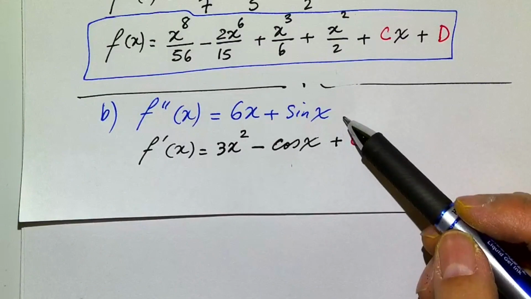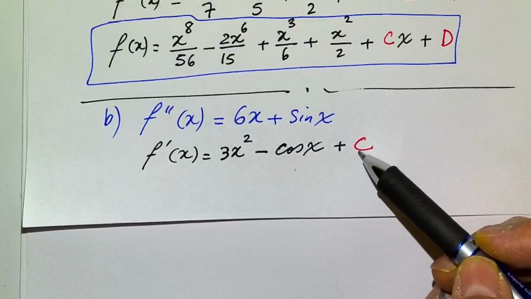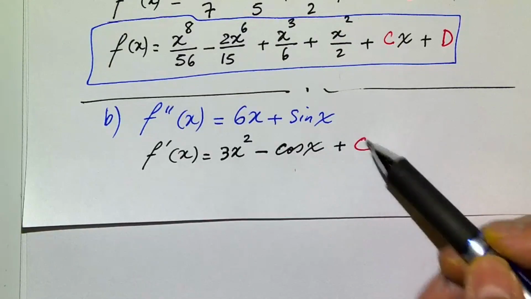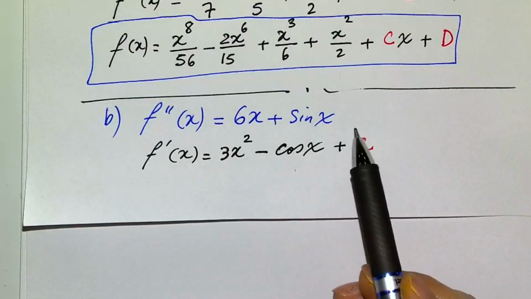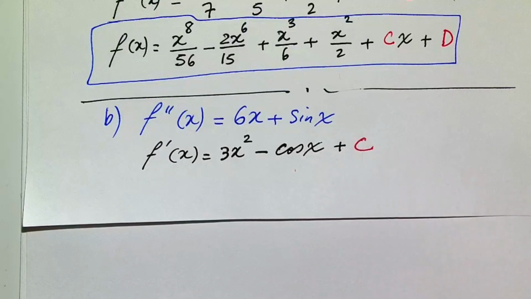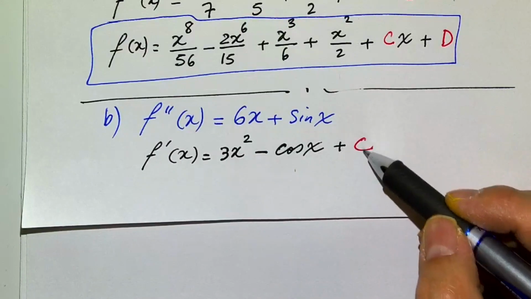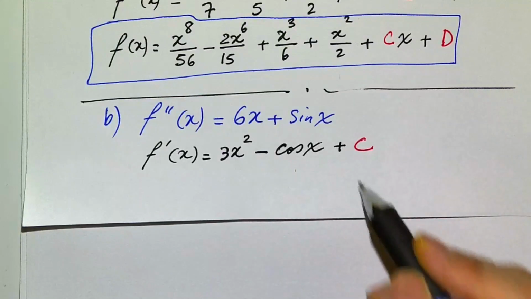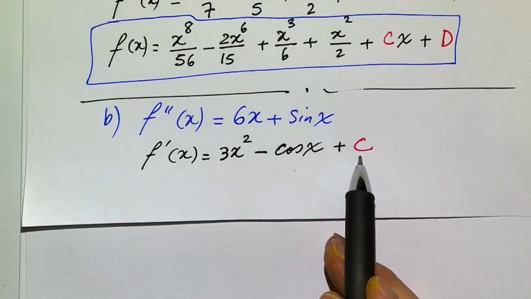So suppose there was a 5 there, or 10 or negative pi or something. Who knows? Some constant. After we find the derivative of this expression, we get nothing. For the constant, we get 0. It drops out. Nonetheless, we have to account for that using this constant or missing constant. We keep track of it by saying plus c. We don't know what it is, but we know it could have been there.